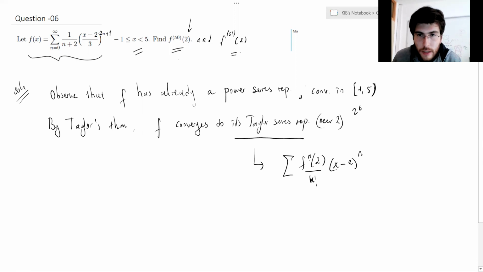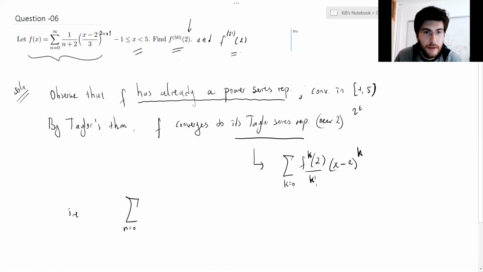Maybe I just use k here, k here, and k here. Okay, k. So in general, this is your Taylor series representation generated by f. But if f has already a power series representation, then on the right-hand side we have a series like this.